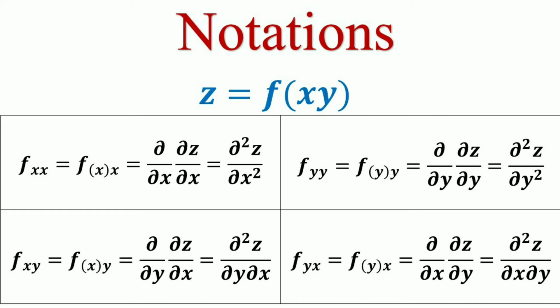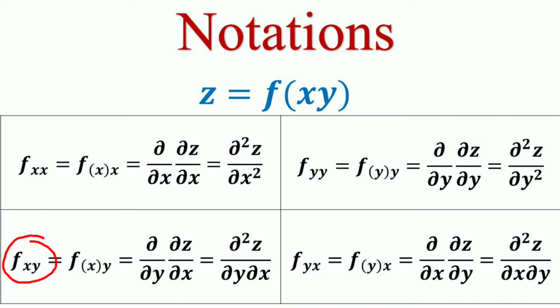As we have two direct partial derivatives in the form of f of xx and f of yy, we have two cross or mixed partial derivatives, which are f of xy and f of yx. They indicate that the primitive function has been partially differentiated with respect to one independent variable, and then that partial derivative has been partially differentiated with respect to the other independent variable.